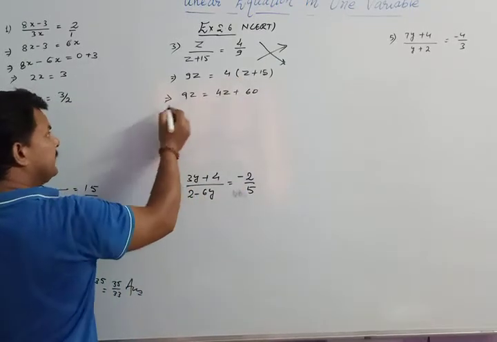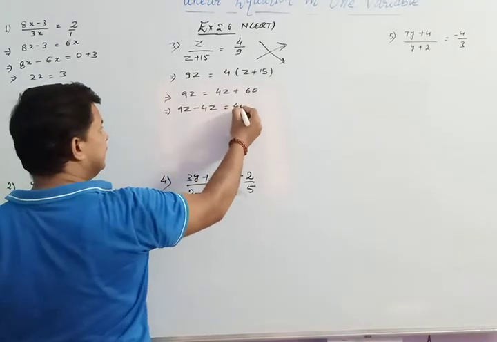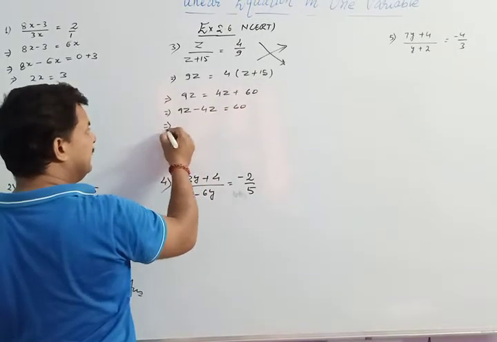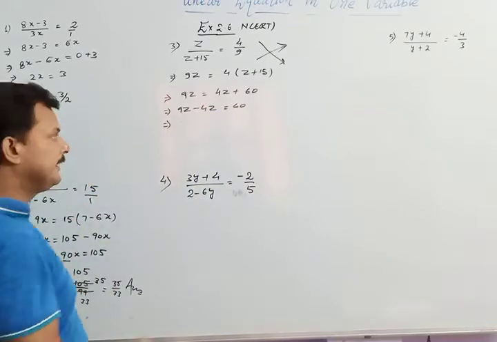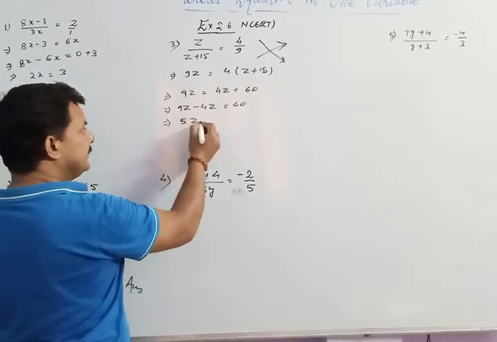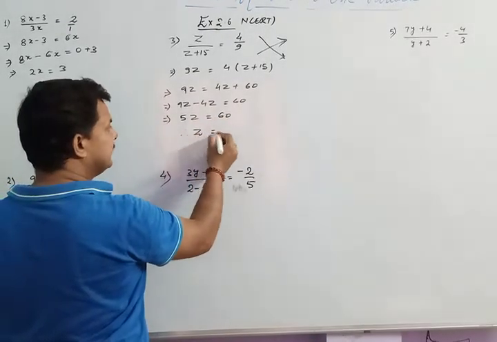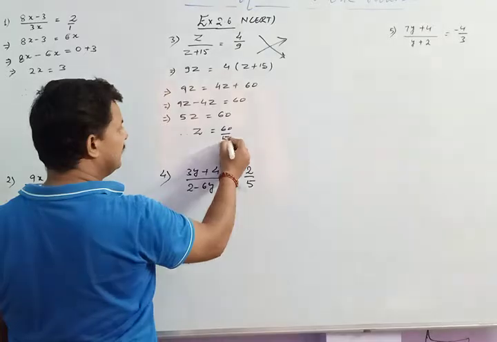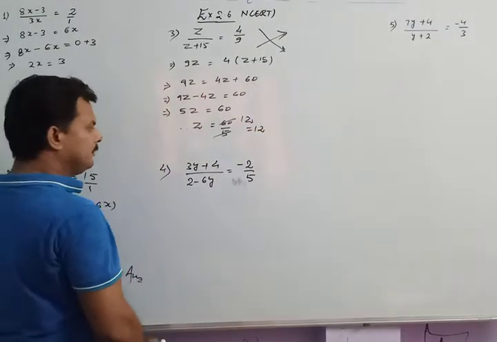Now transpose 4z this side, 60. Then 9 minus 4, the coefficient will be subtracted on the right side. So 5z is equal to 60. Therefore z is equal to 60 upon 5. 5 12s are 60. It means z is equal to 12.